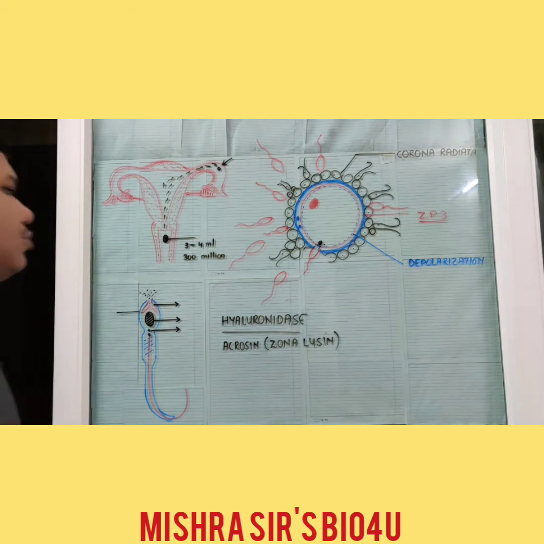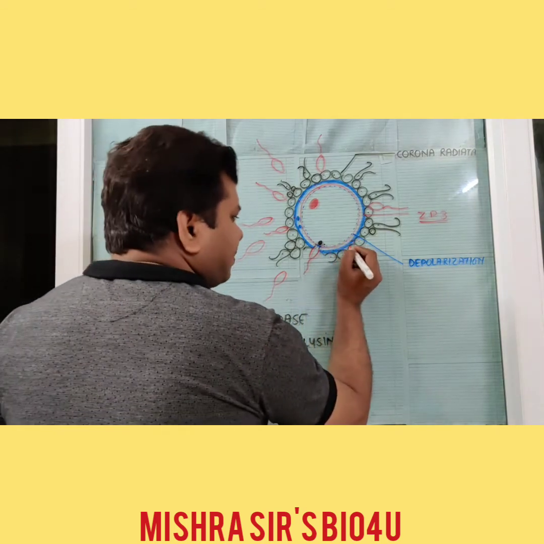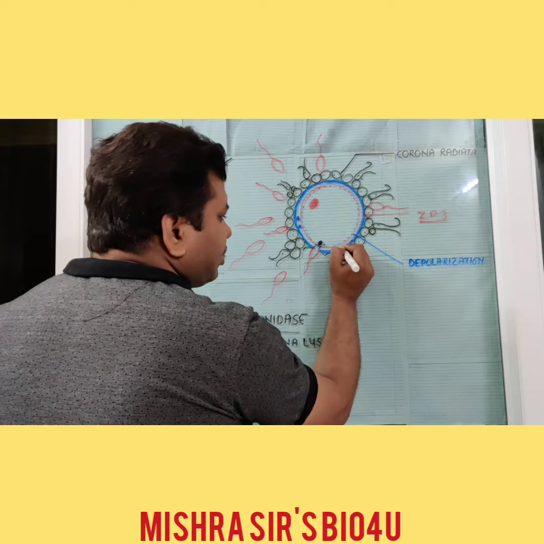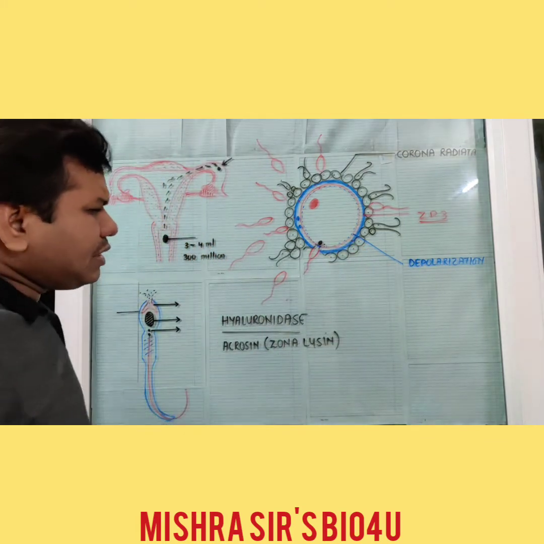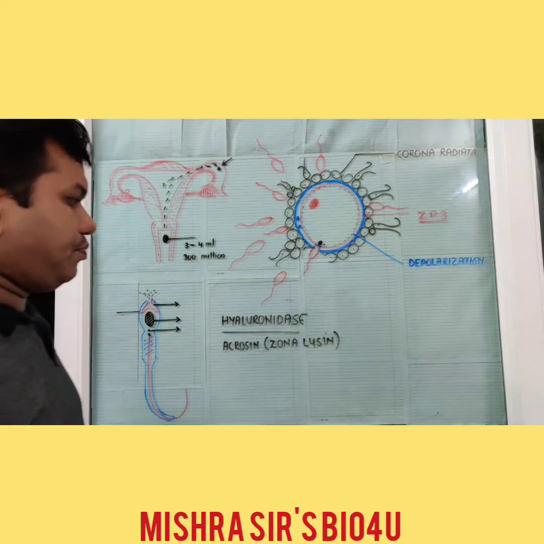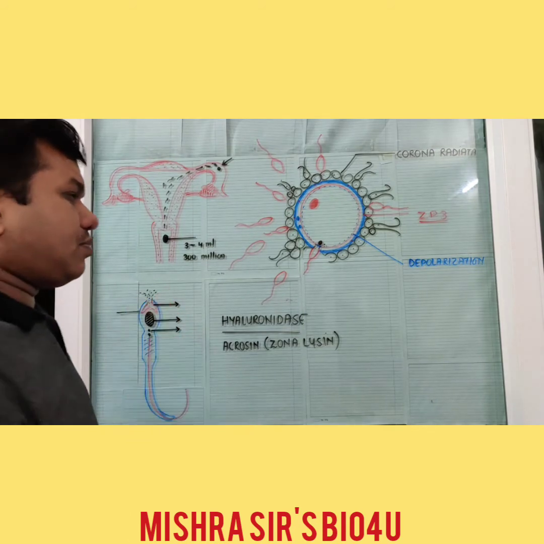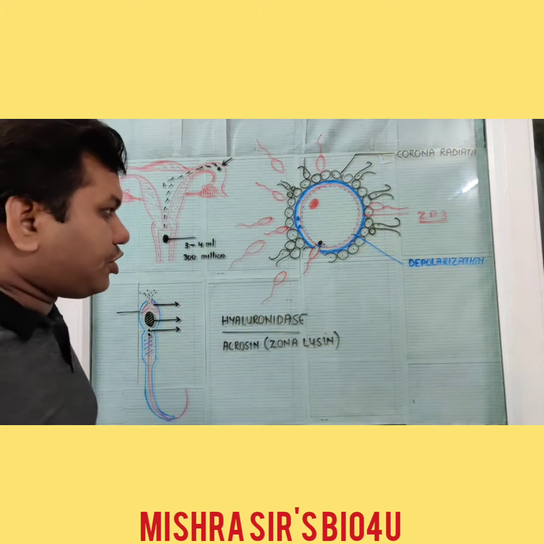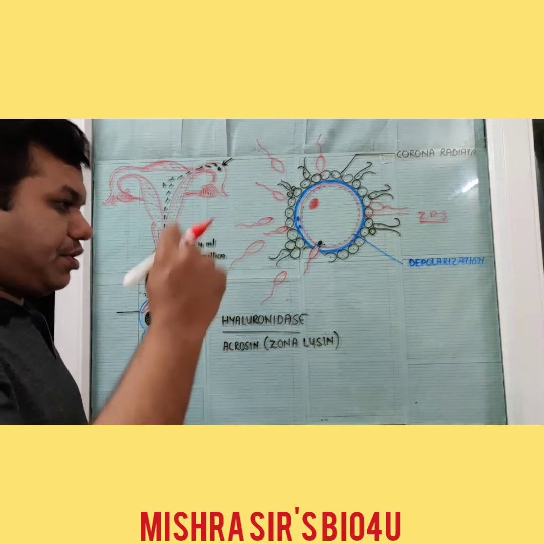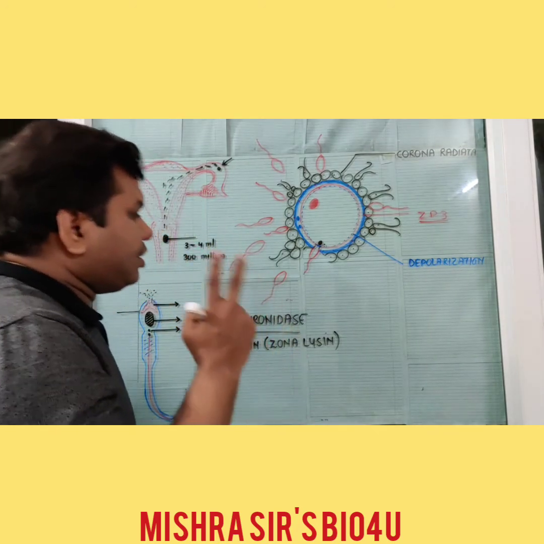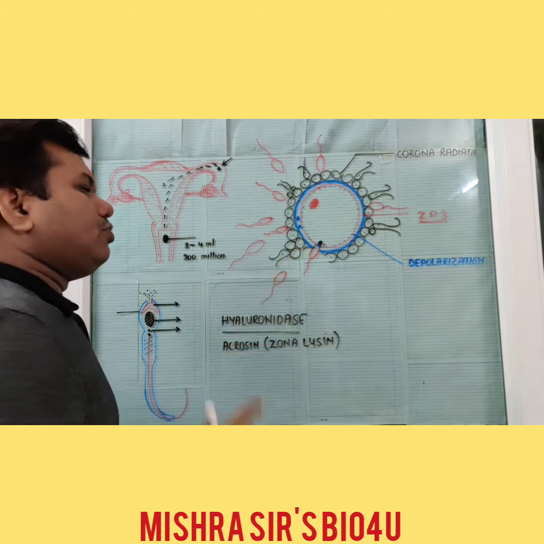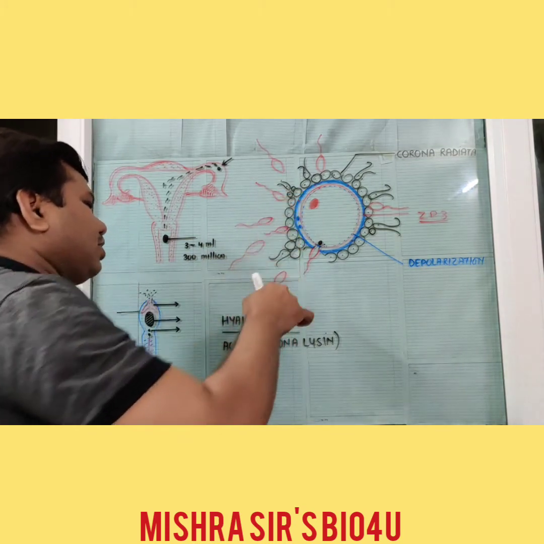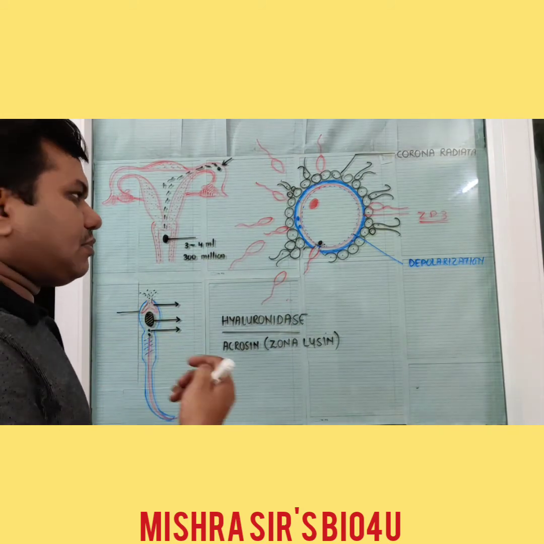A student asked me a doubt: suppose, sir, some sperm might have entered into the perivitelline space, but it has entered, now it is just outside, then also it will not be able to enter. Some students say, sir, if two sperms directly enter at the same time? Not possible, because remember, if two sperms enter, then two sperm nuclei will have 23 plus 23, 46, plus female nucleus 23, 69.